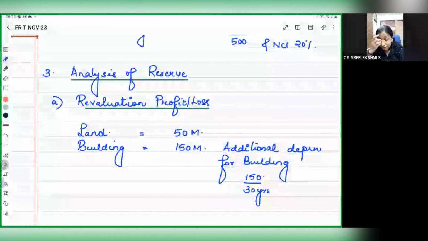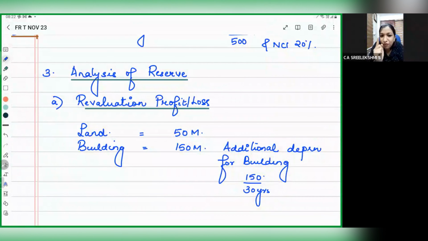So 5 million is the additional depreciation for 1 year. But be careful, 1st April 2011 is the date of acquisition and 31st March 2014 is the consolidation date, which means how many years additional depreciation do we need to calculate? 3 years. So 5 into 3, 15 million is the additional depreciation to be adjusted from retained earnings. Correct. So land and building, 200 million profits.